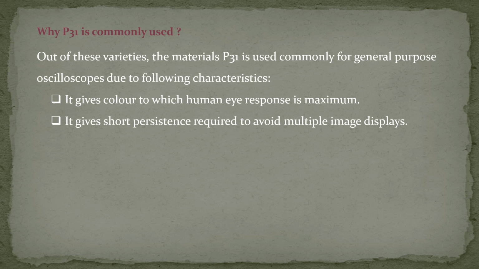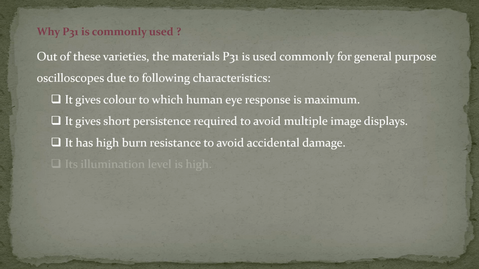It gives the short persistence required to avoid multiple image displays. It has high burn resistance to avoid accidental damage. Its illumination level is high. It provides high writing speed.